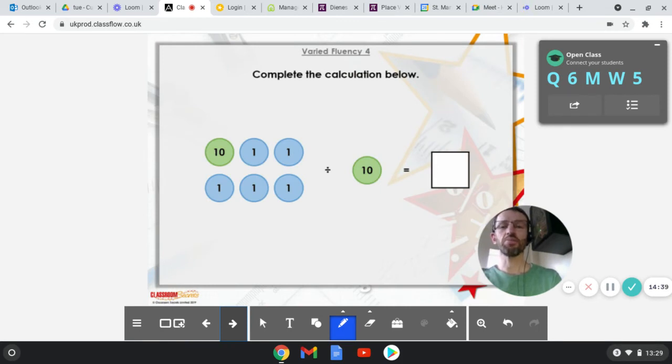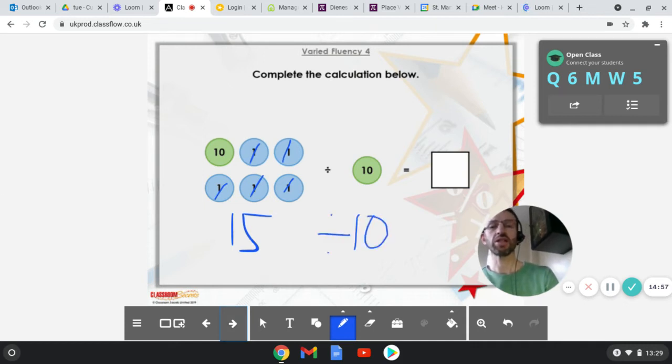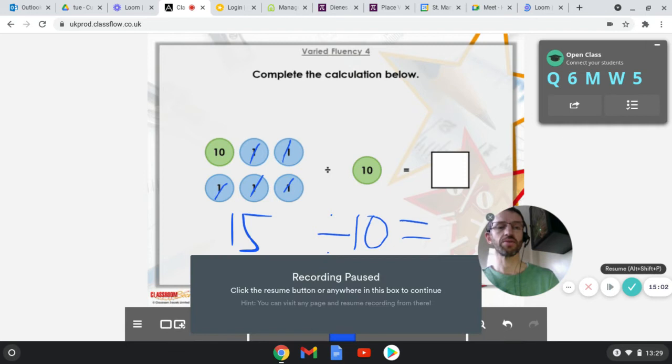Complete the calculation below. We have a 10 and we have how many ones? 1, 2, 3, 4. A 10 and 5 ones. So altogether, if I've got 1 ten and 5 ones, my number is 15. 15 divided by 10 equals.